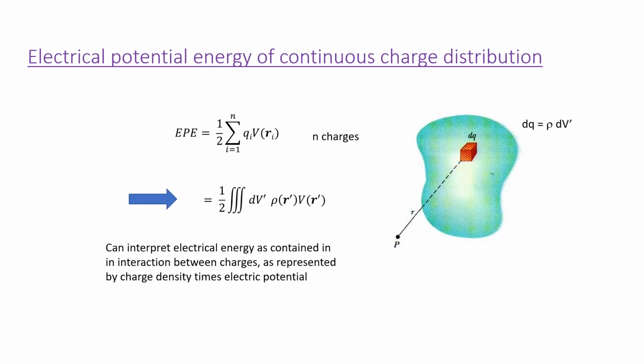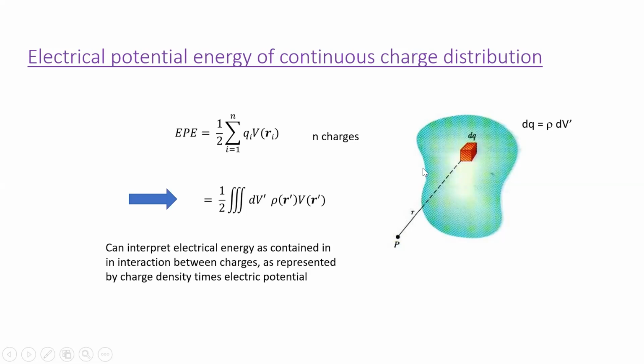Okay, so we can interpret the electric potential energy as contained in the interaction between charges, as represented by the charge density times the electric potential.